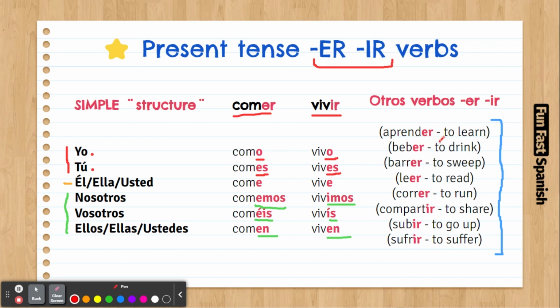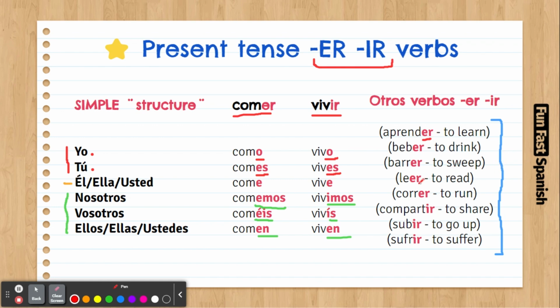Why aprendo? Because aprender is the verb, but we are going to replace the ending ER for an o, right? So yo aprendo español.